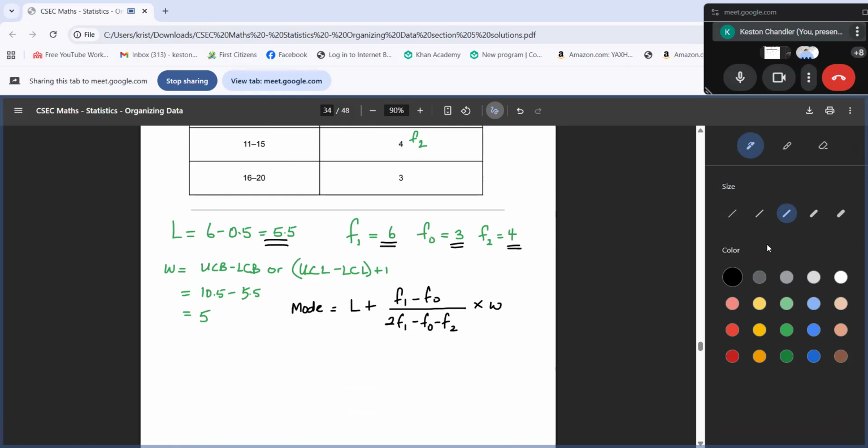This is our W here. You then put your formula and then you plug in your values.